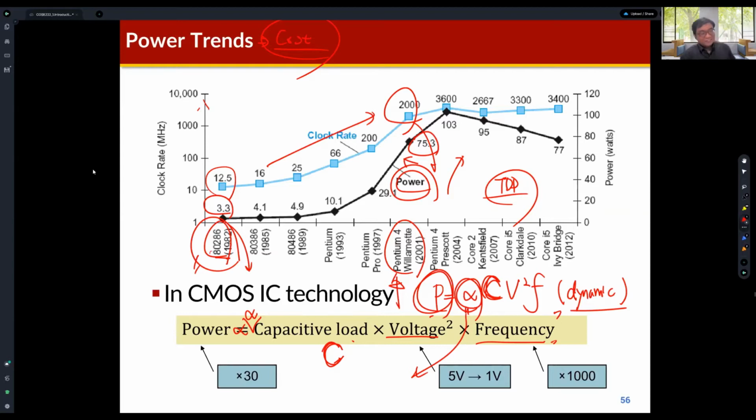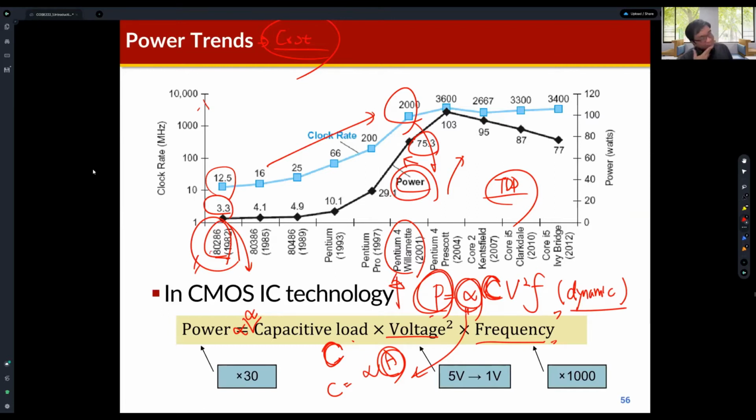I believe most of the students are computer science students. But if you took some electrical engineering course, then you know the capacitance is proportional to the area. This is some common sense of the physics.